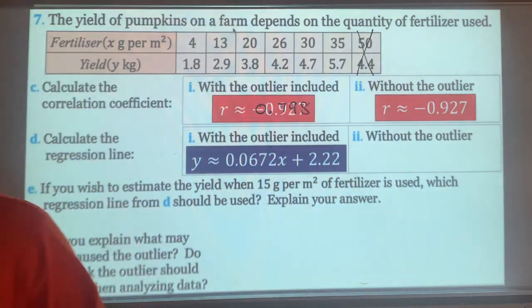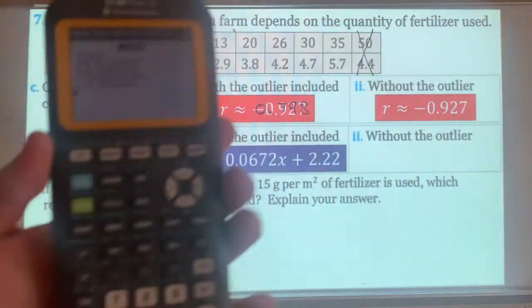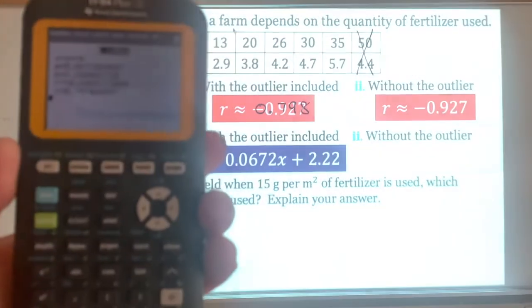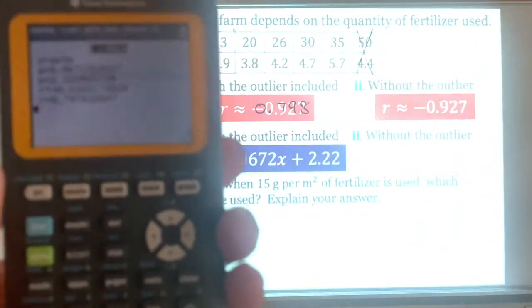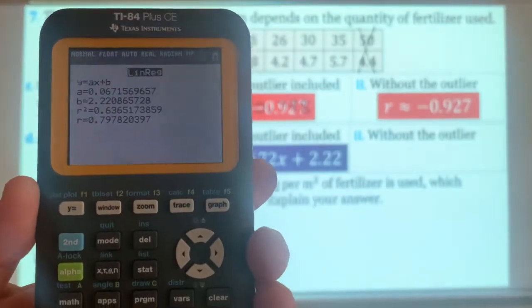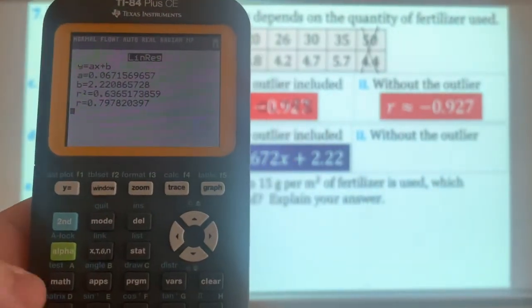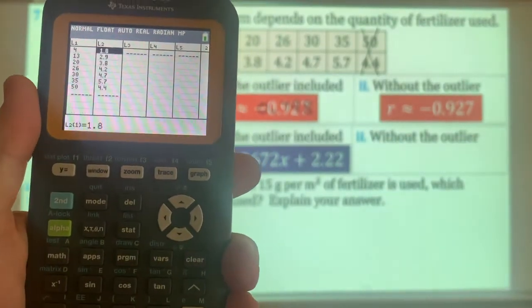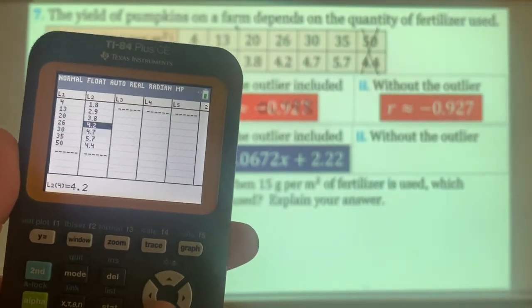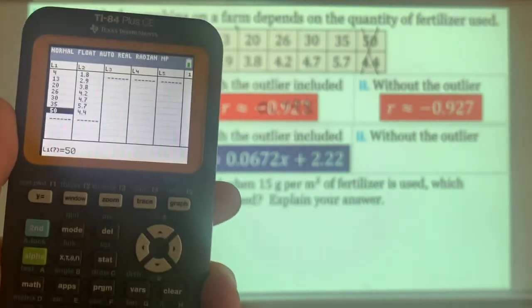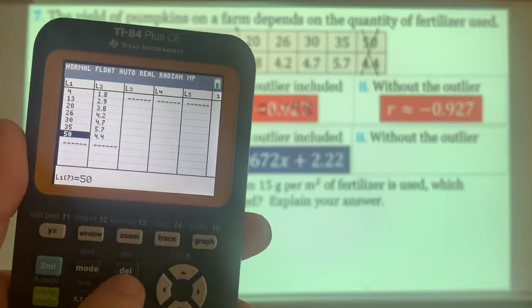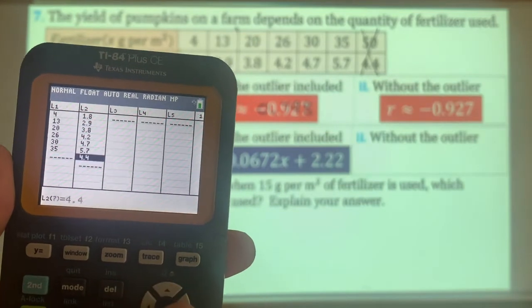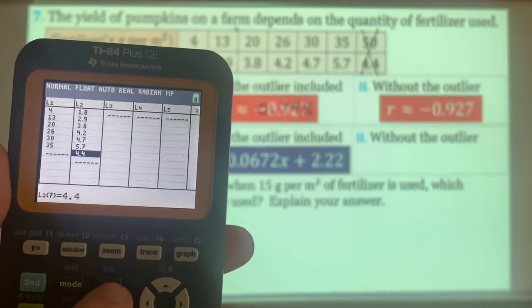All right? So I go here in my calculator, and the way I take it out is very simple. I am going to just simply hit Stat, Edit. I'm going back to my list, and the number that's bad is the 50, and the 0.44. So I go to 50, hit Delete, not clear, I hit Delete, go over to 0.44, and I hit Delete.